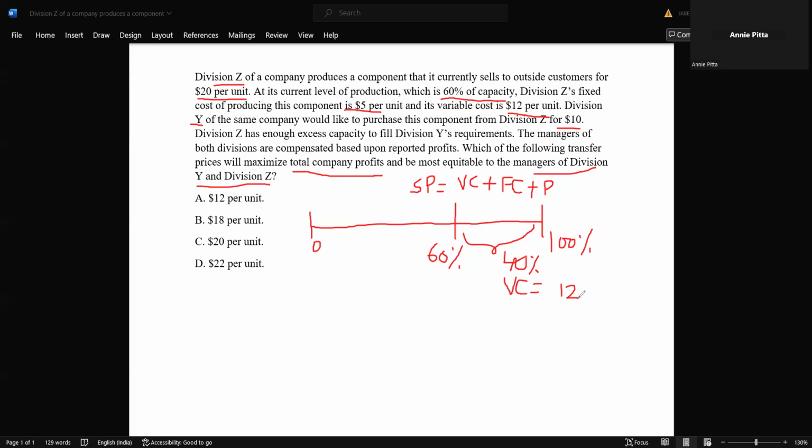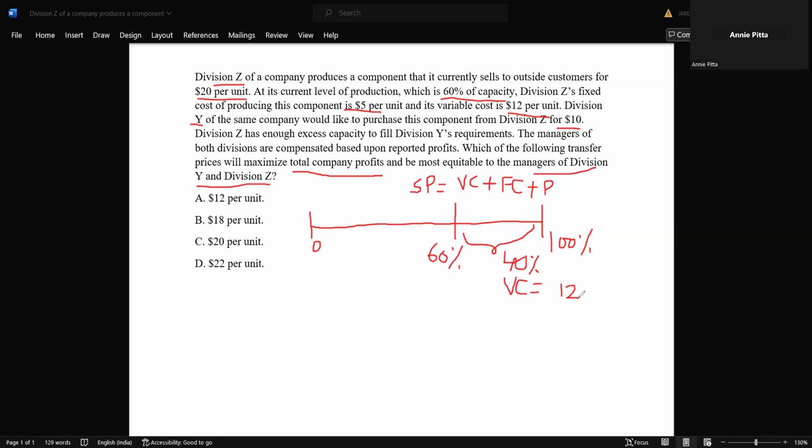If they are likely to purchase it from division Z at $10 per unit, $10 per unit is not feasible for division Z at all. The minimum cost they are incurring is $12 per unit. So $10 is not at all a feasible amount, and we cannot even think about $10 as an option.